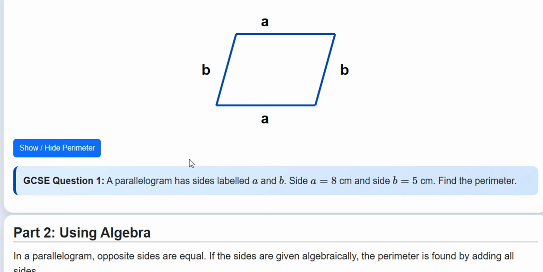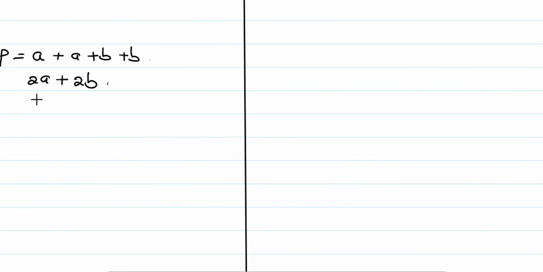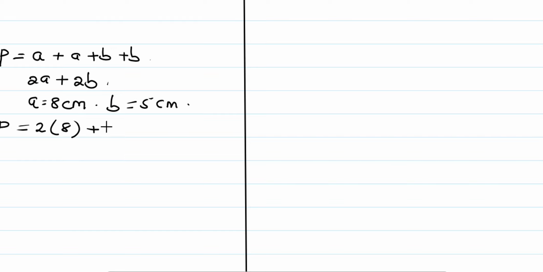So to find the perimeter, we need to take 2 into A plus 2 into B. Here our A is given as 8 centimeters, then our B is given as 5 centimeters. So to get the perimeter, P will be 2 into A, which is 8, plus 2 into B, which is 5.